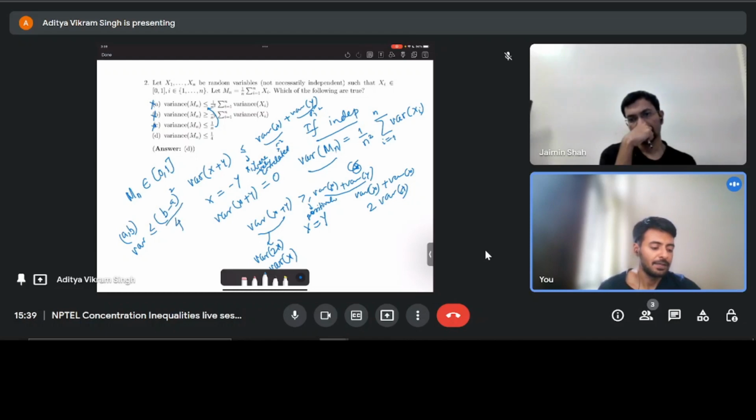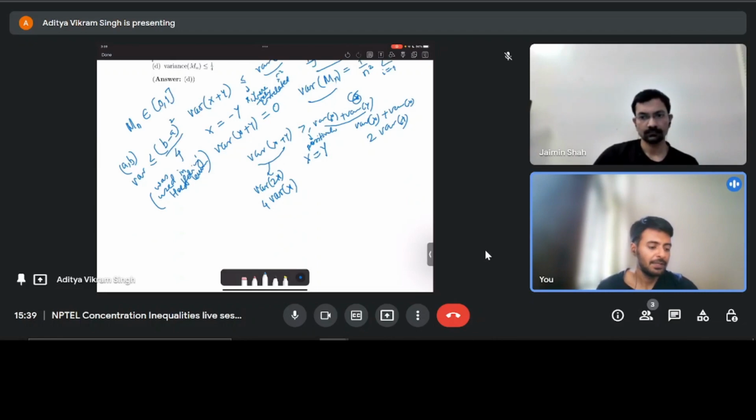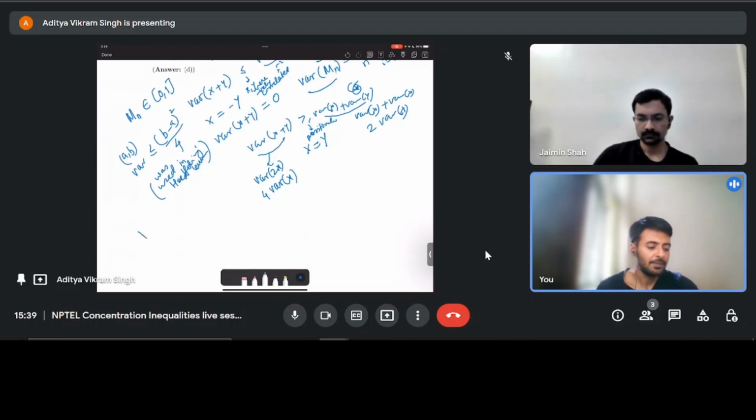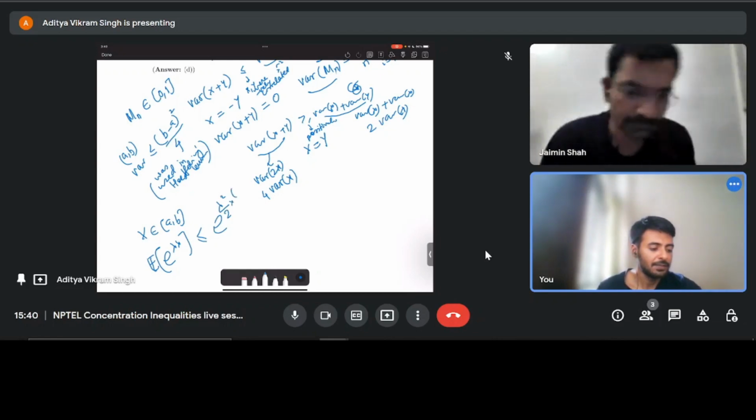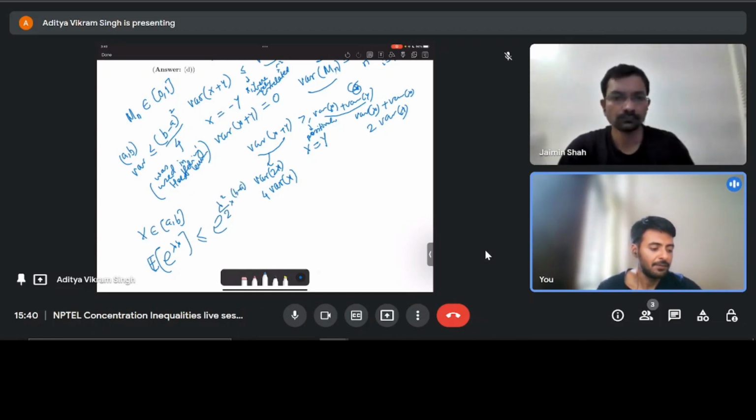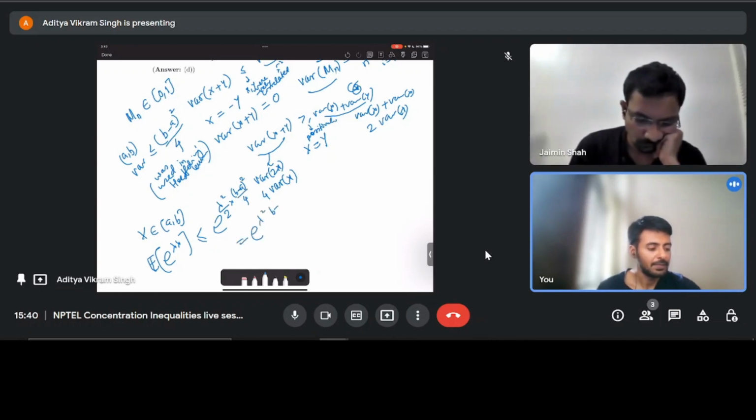Okay, this was again used in Hoeffding's lemma. Hoeffding's lemma basically gives you that for any random variable x in a comma b, you have that the moment generating function e power lambda x is less than equal to e power lambda square by 2 into the variance factor, and the variance factor we just said is less than equal to b minus a the whole square by 4, and so we have lambda square b minus a square by 8.